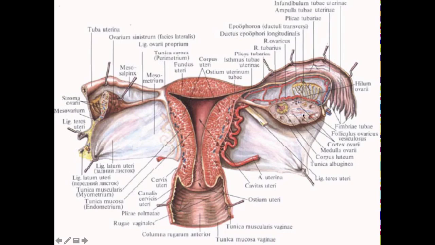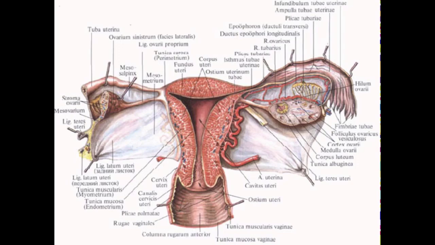So let's start with ovaries, which are almond-shaped paired glands. The major function of these glands is the production of gametes and also the production of steroid hormones.